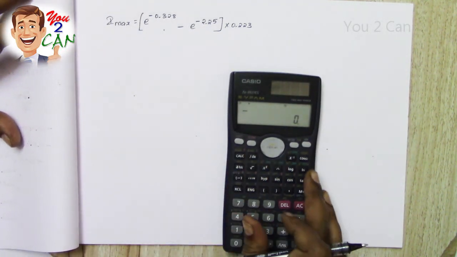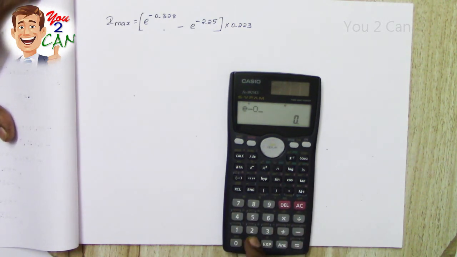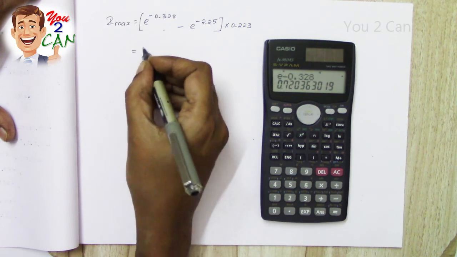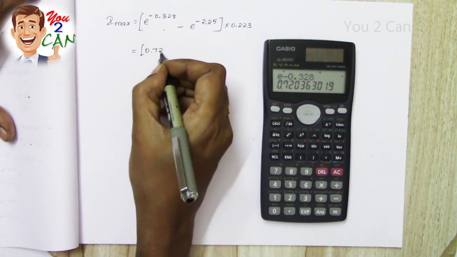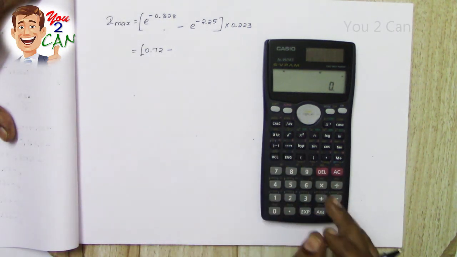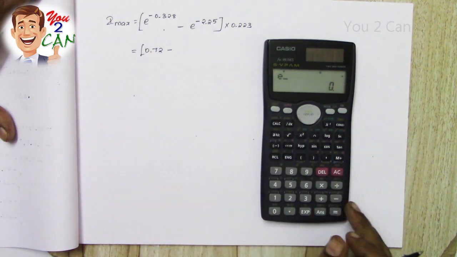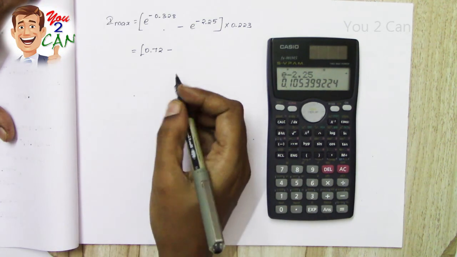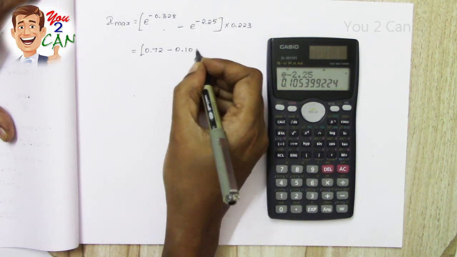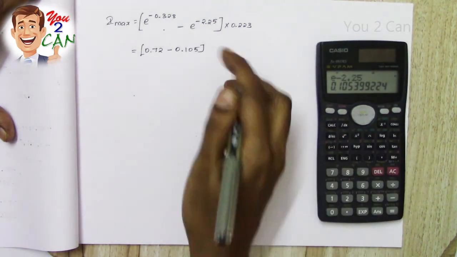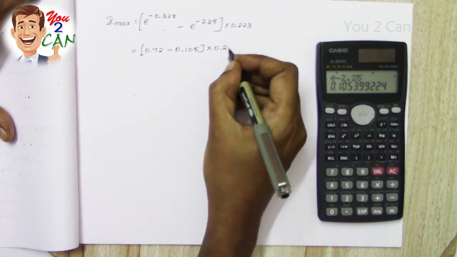Okay, now what is e power minus 0.328? 0.72. This is 0.72 minus e power minus 2.25, which is 0.105. 0.105 into 0.223.